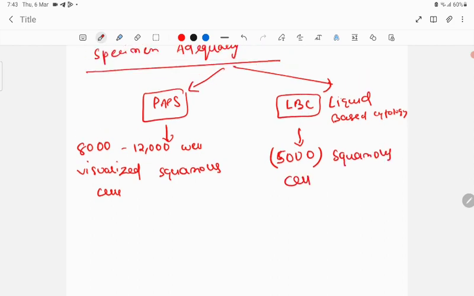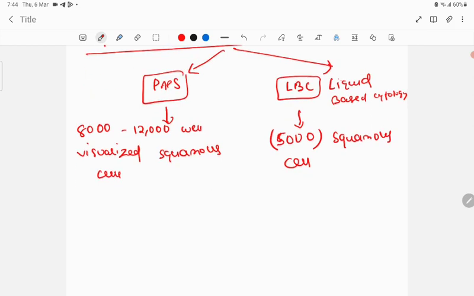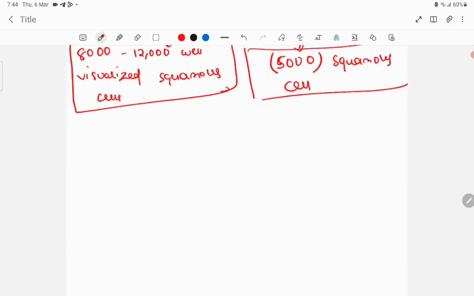So remember, if the pathologist does not find this many cells in your specimen, then you should disqualify it. If it is less than that, then it is unsatisfactory.